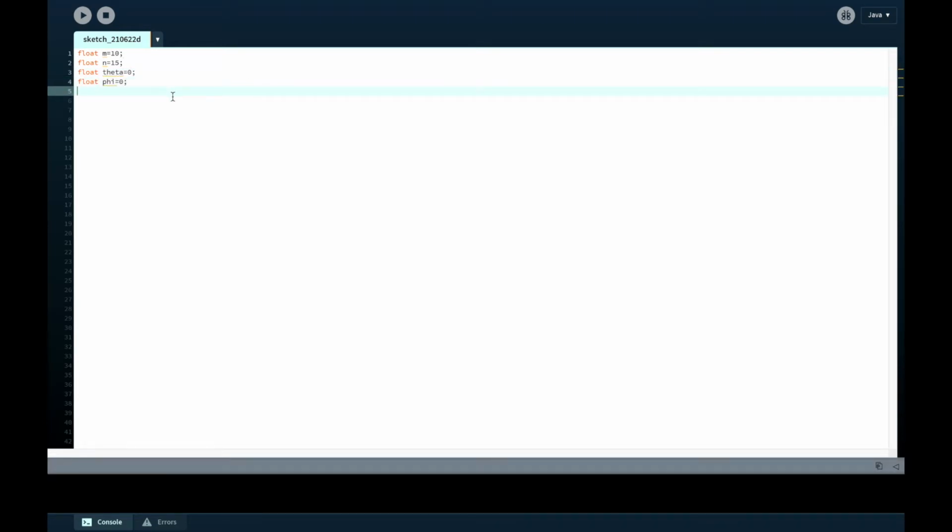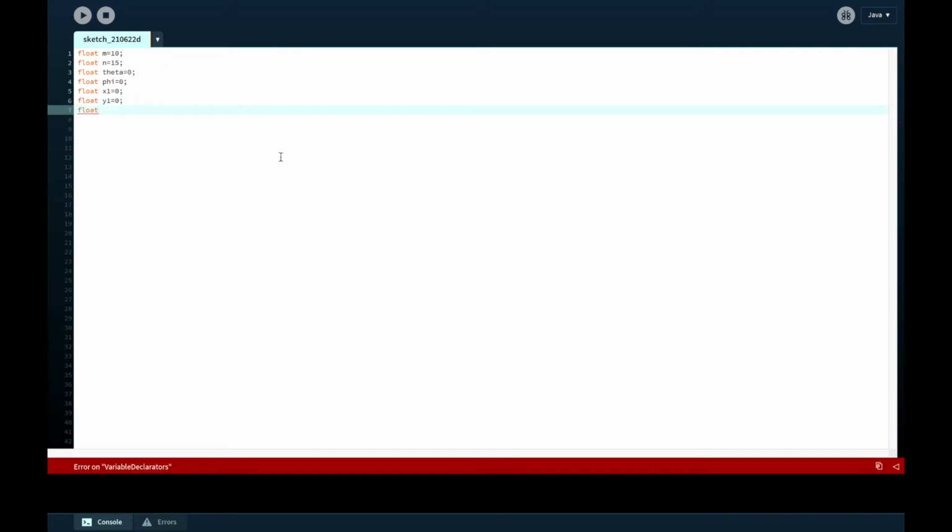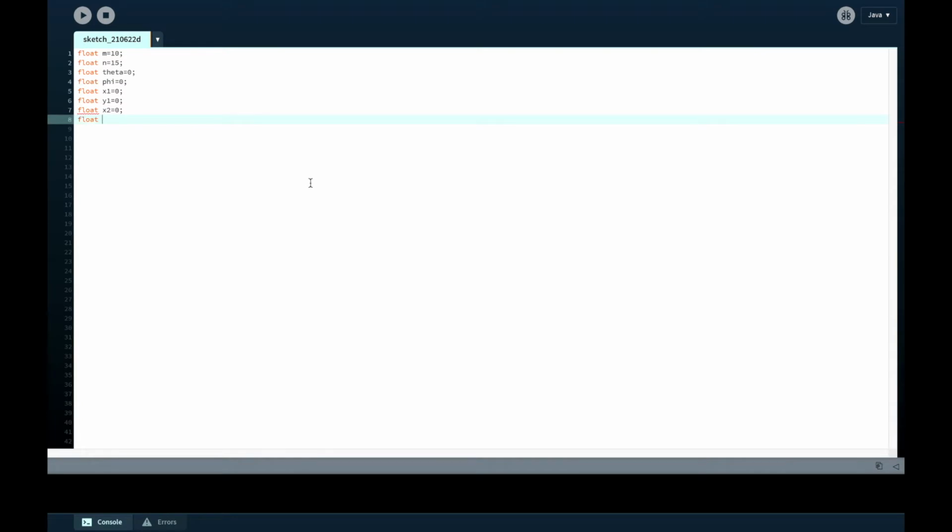Theta, phi. We also have to define the positions of these two objects. So we have position coordinates x1 and y1, which describe the position of m. For now 0. Then for the second object, we have x2 and y2.